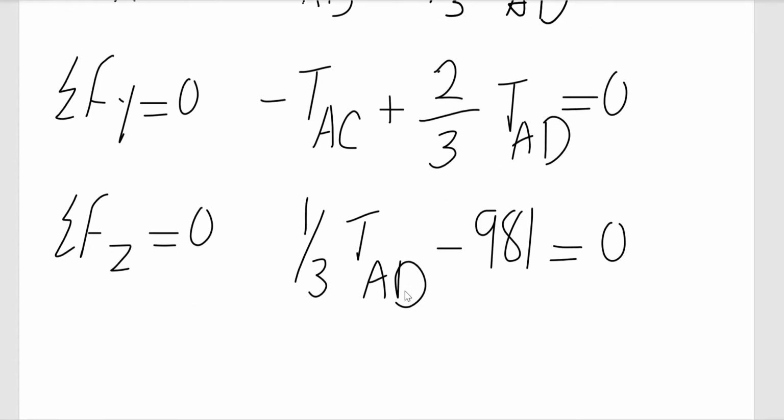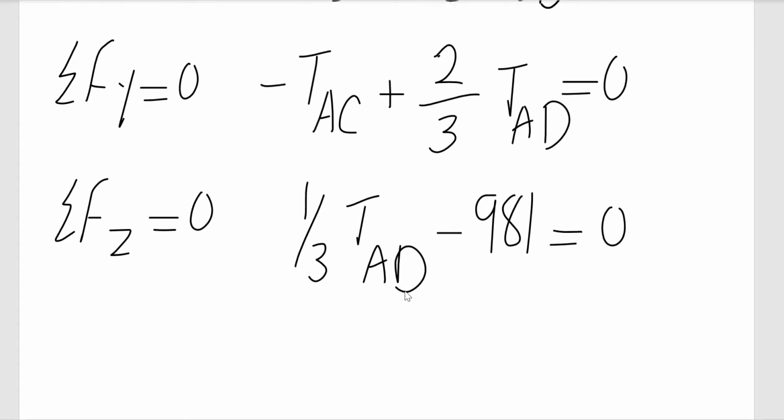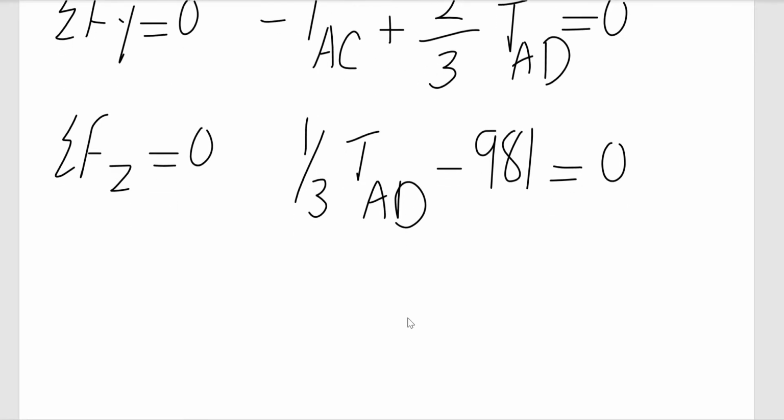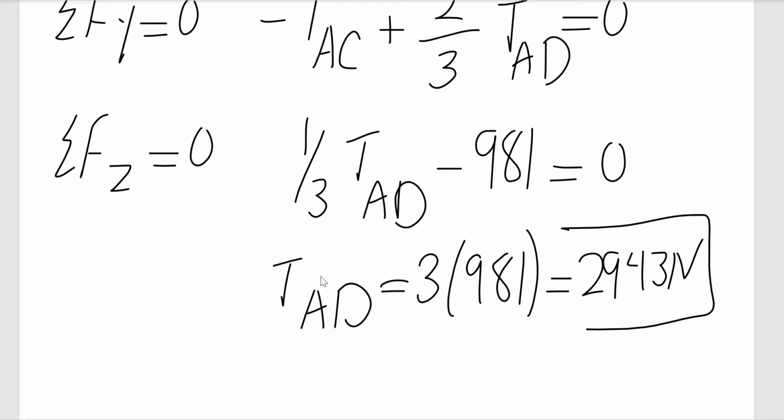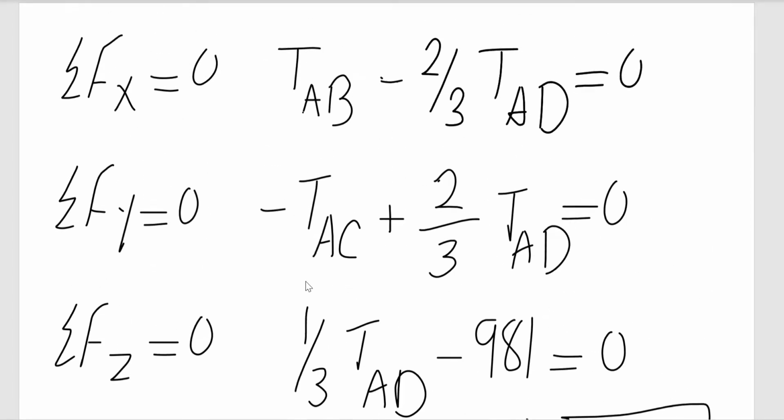I couldn't solve it. But the last equation, summation of forces in Z, I have only one unknown. So I can directly find TAD. So TAD would be 3 times 981, which is 2,943 Newton.